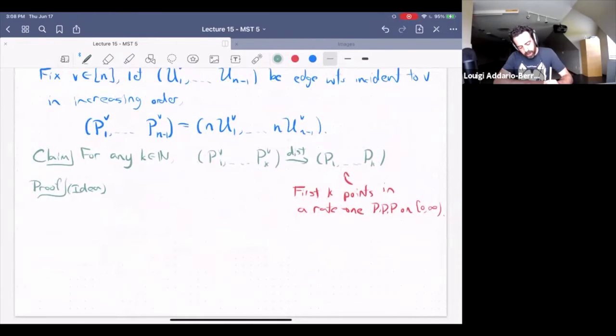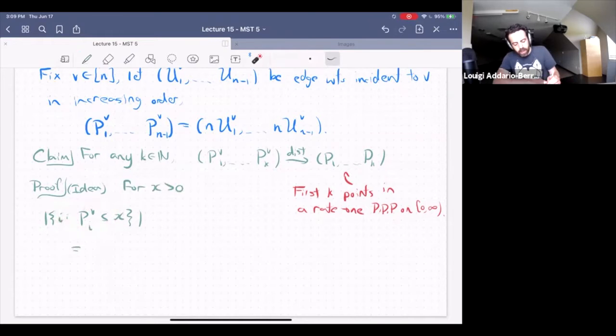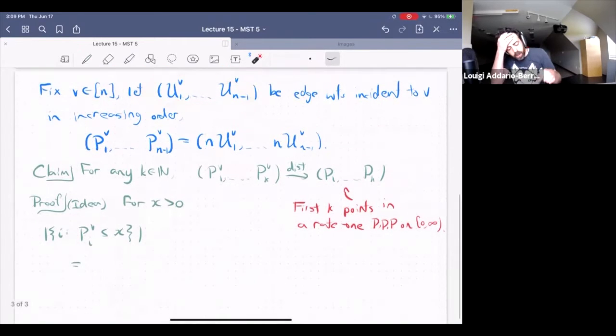If we look at the cardinality of the number of integers i such that the ith point is at most some positive real number x, this set has size at least 10 if 10 of these original points were at most x over n, because we scaled up by n.